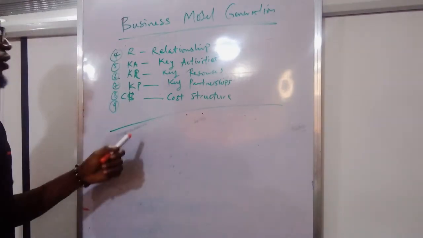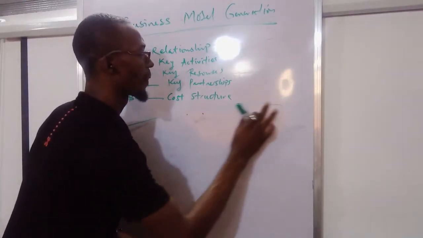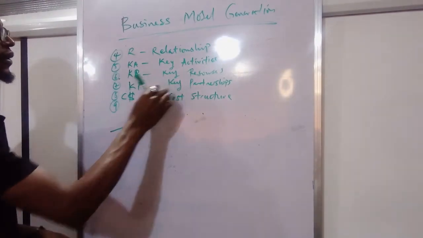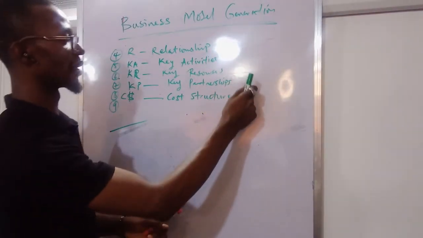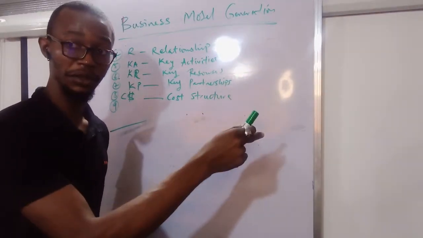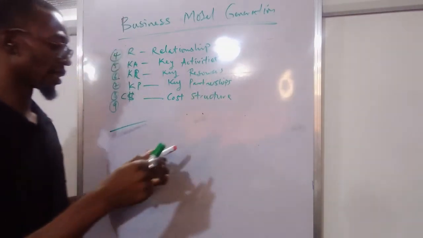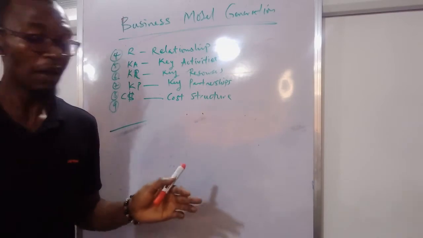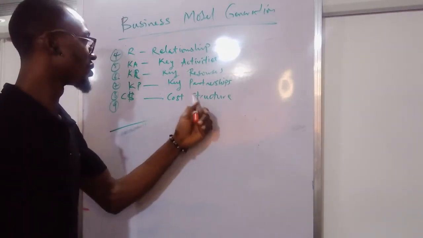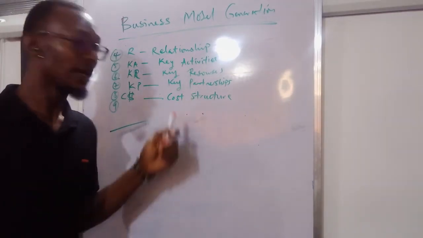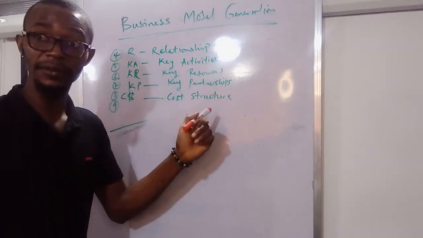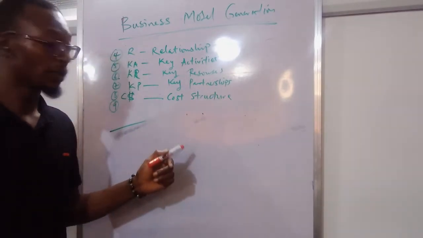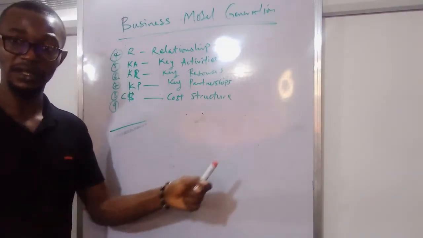And the cost structure, in terms of, if part of our resources is getting a particular infrastructure, what will it cost us? If part of our resources is getting some raw materials, what will it cost? Here we're talking about money, how much you are spending. If part of our resources is human power, how much are we paying those staff? Like I was saying, we need someone to go around and deliver this letter.